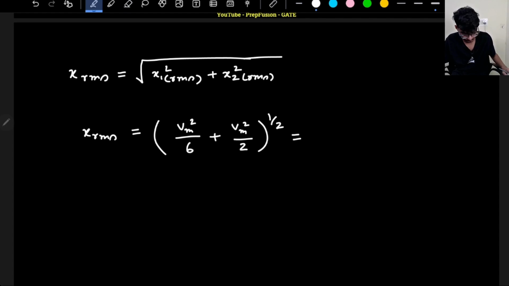So the value will be 1 by 6 plus 1 by 2. This is 3 multiply 4, 2 by 3. So ultimately this will be under root 2 by 3 Vm. This will be the answer of my question, the RMS value. Okay, this will be the result basically.